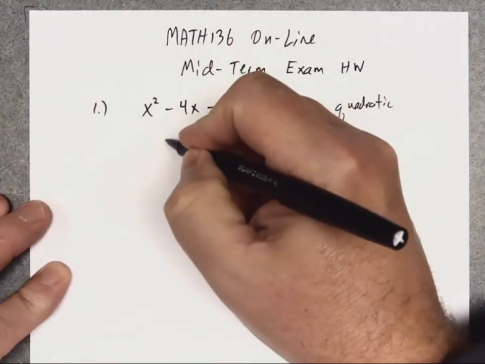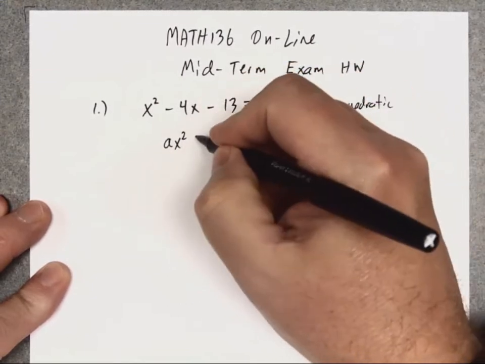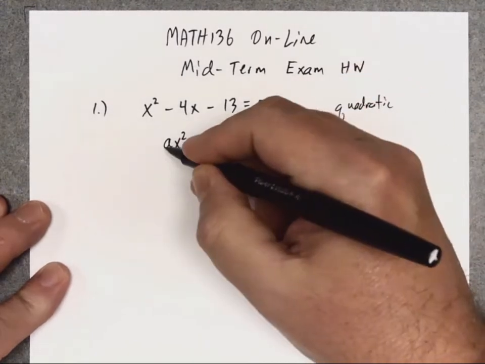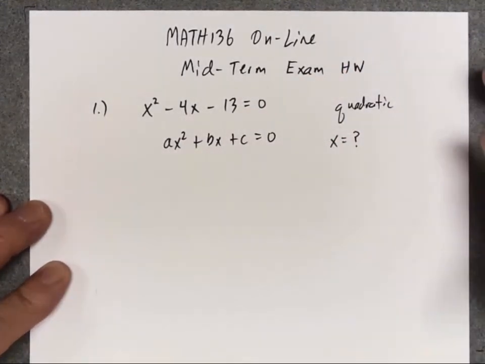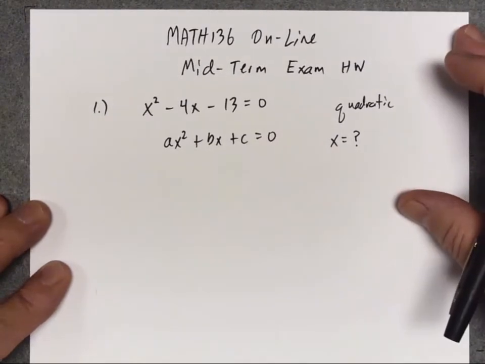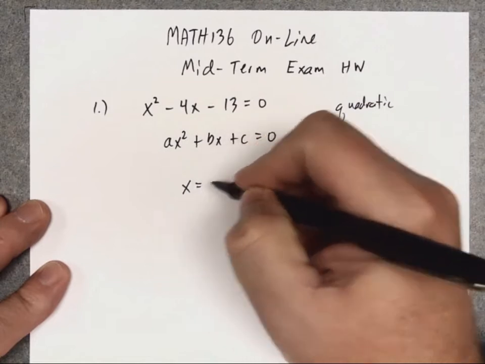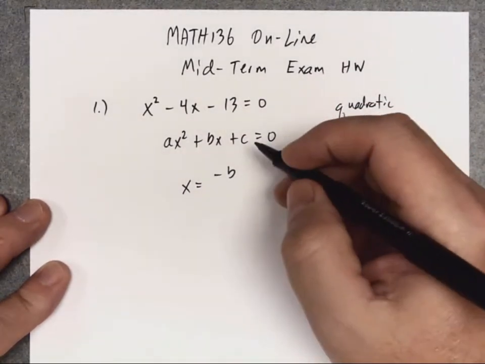First of all, let's write out sort of a generic quadratic equation. ax squared plus bx plus c equals 0, where a, b, and c are just numbers. If you have a quadratic equation like this, then we can actually find the solution to this equation by using this quadratic formula. And this is what was written on the formula sheet.